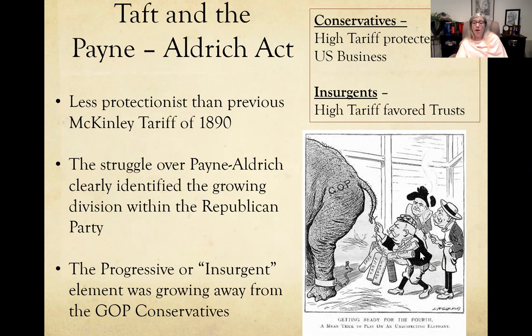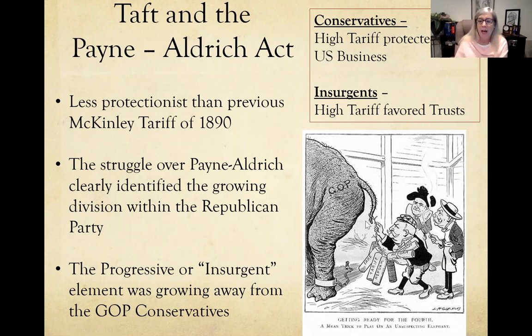All right, so here we've got the elephant, and you'll know that the elephant is the mascot of the Republican Party. And the donkey is going to be the mascot of the Democratic Party. So anytime you see an elephant referenced in a political cartoon, it's talking about a Republican. And then these initials, GOP, stand for Grand Old Party, which is the nickname of the Republican Party.